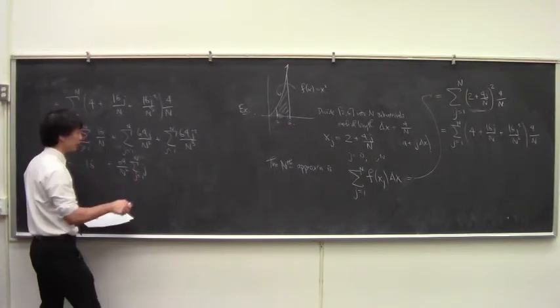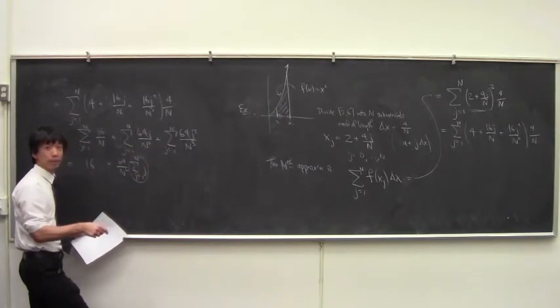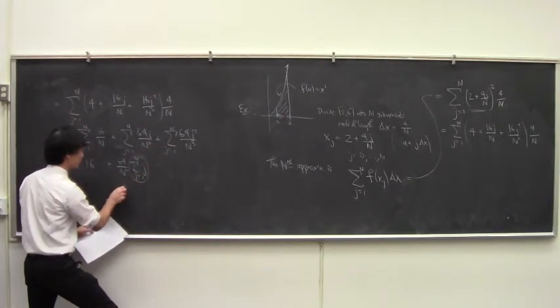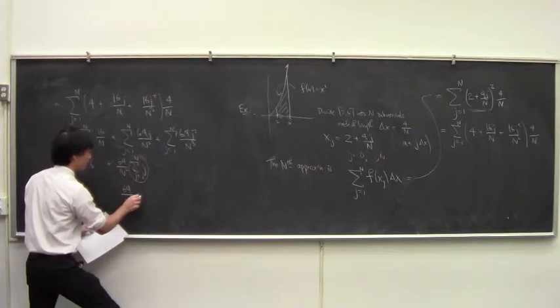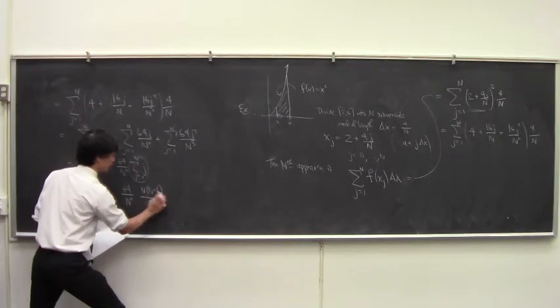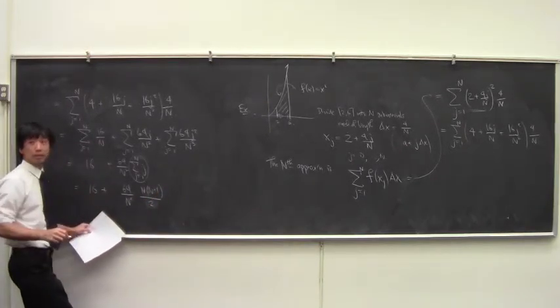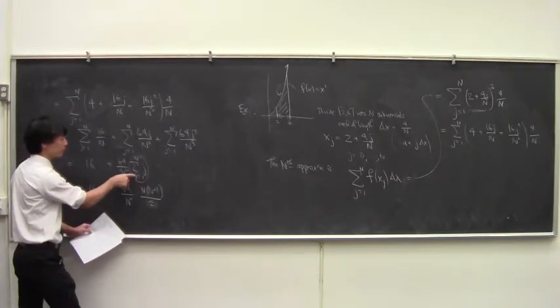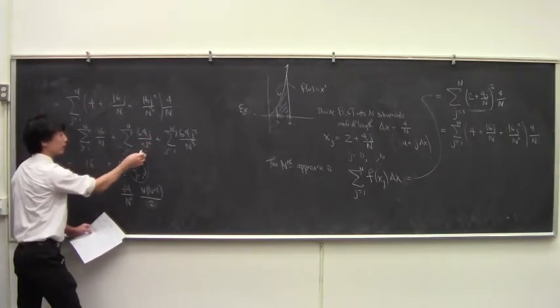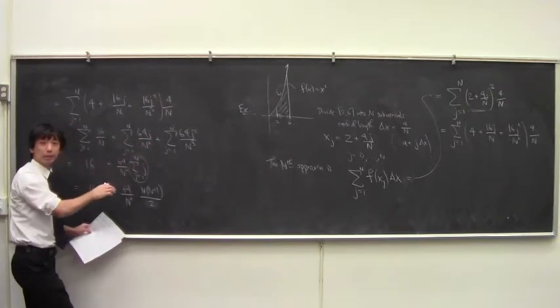Okay, so we can use our handy formula from Gauss that I erased. Sorry. So the summation from 1 to n is going to be n times n plus 1 over 2.